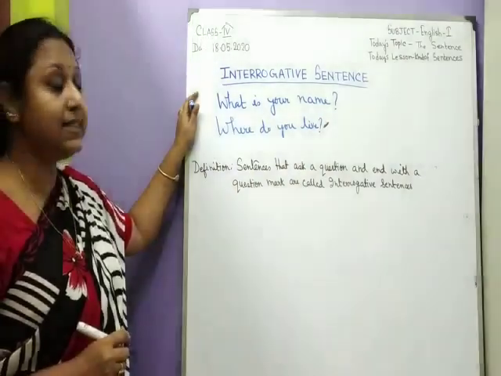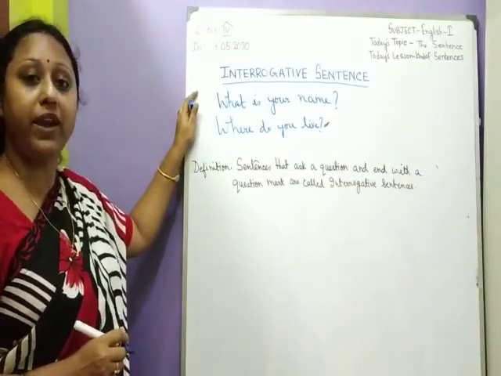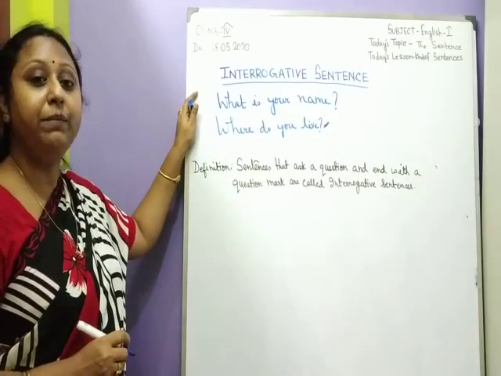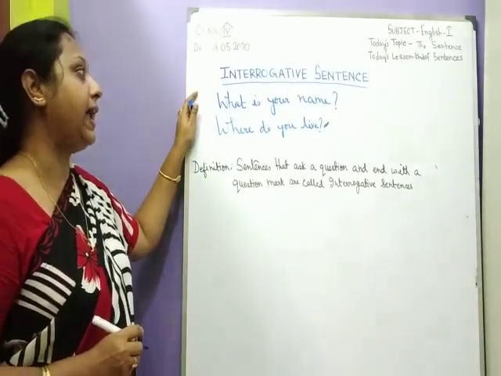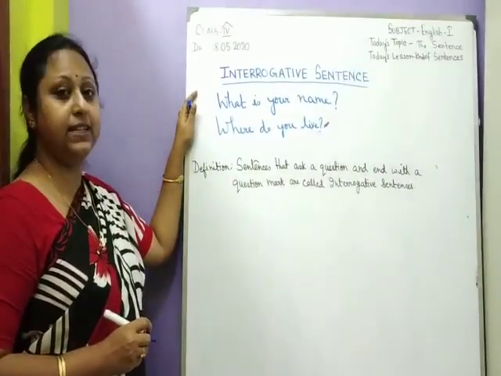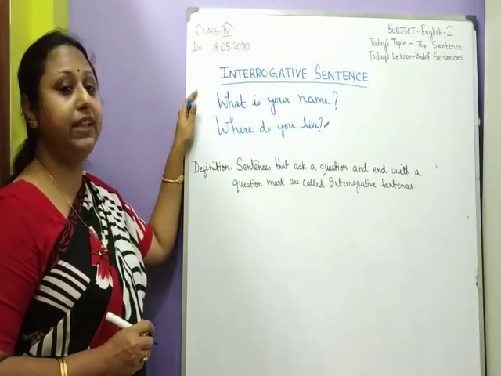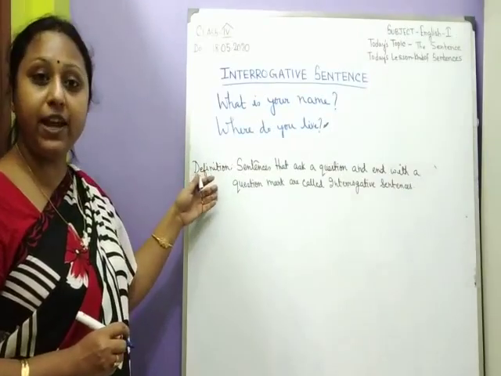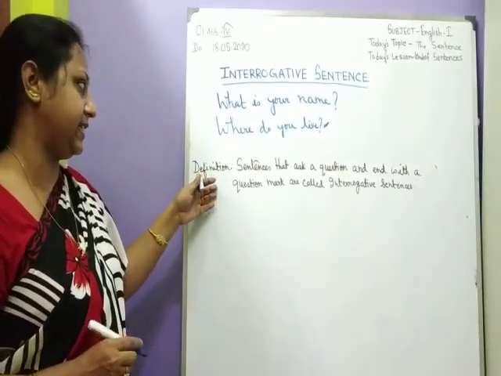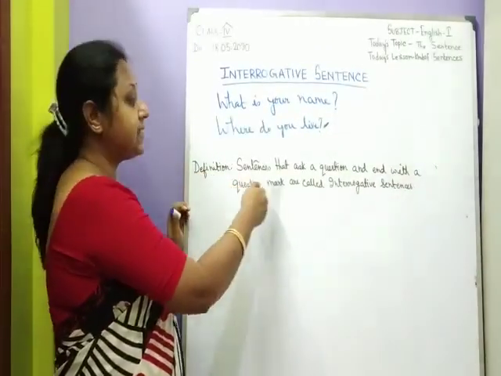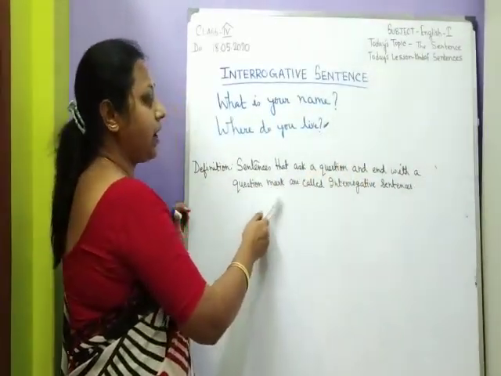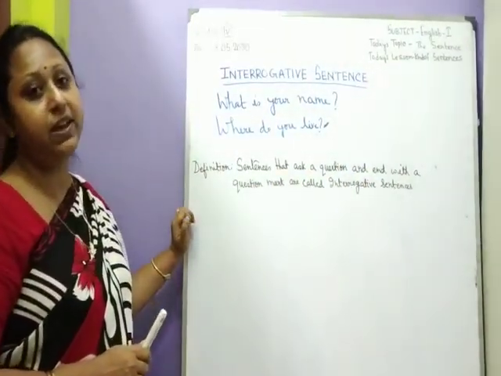So, sentences that ask a question are called interrogative sentences. We must remember that an interrogative sentence always ends with a question mark. Now let us come to the definition of interrogative sentence. Sentences that ask a question and end with a question mark are called interrogative sentences.